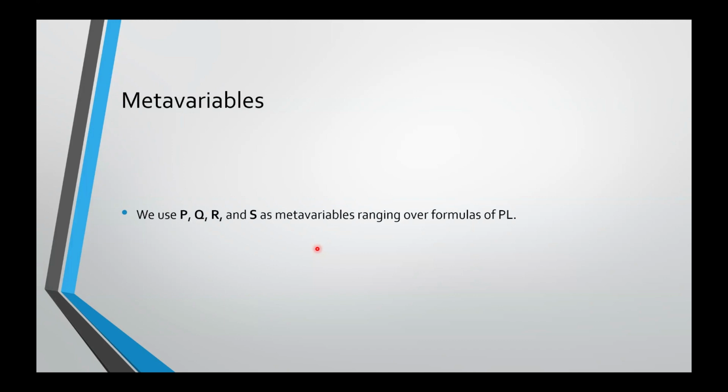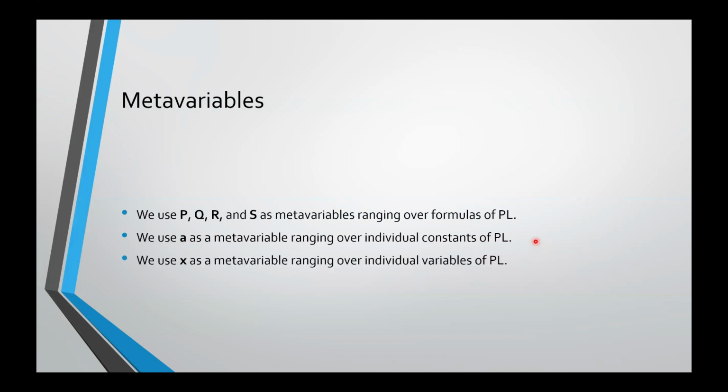Why we say formulas instead of sentences, we'll come back to that in a later video. We have boldface lowercase a as a metavariable that ranges over individual constants of PL. And we have boldface lowercase x as a metavariable that ranges over individual variables of PL. So we've got different metavariables for the constants and the variables. The distinction is really important.